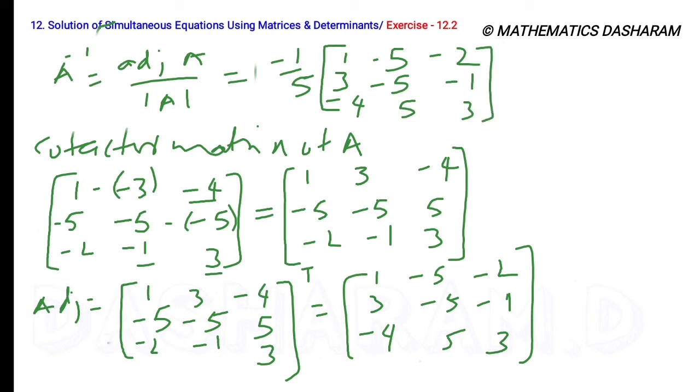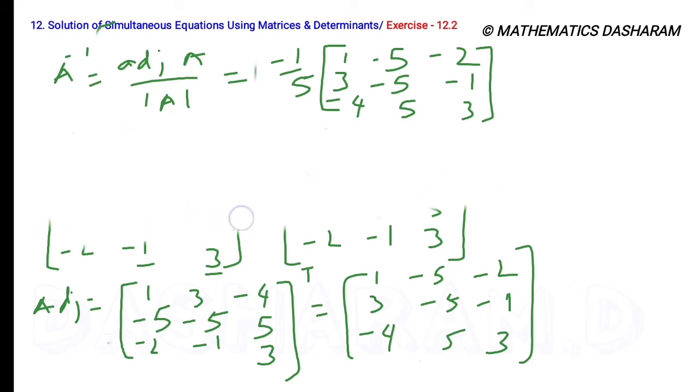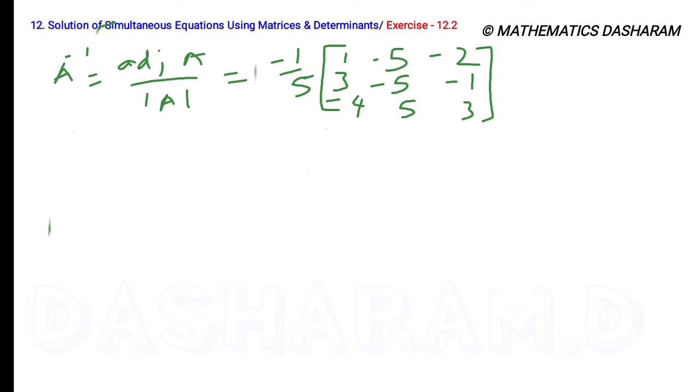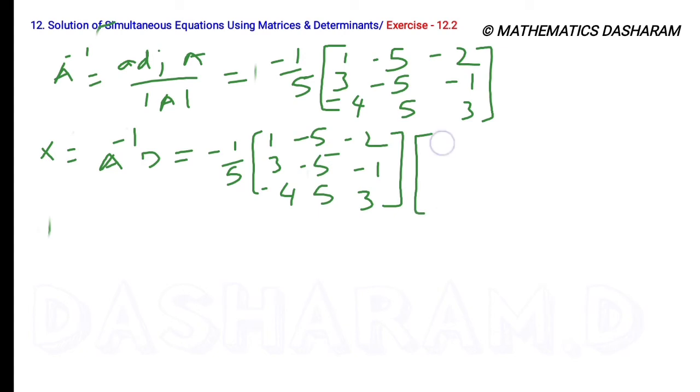So let us find our required answer, that is the variable matrix. The variable matrix is denoted with capital X, and it is equal to A inverse into D. Here A inverse is minus 1 by 5 into the matrix D, which is 4, 1, 2.